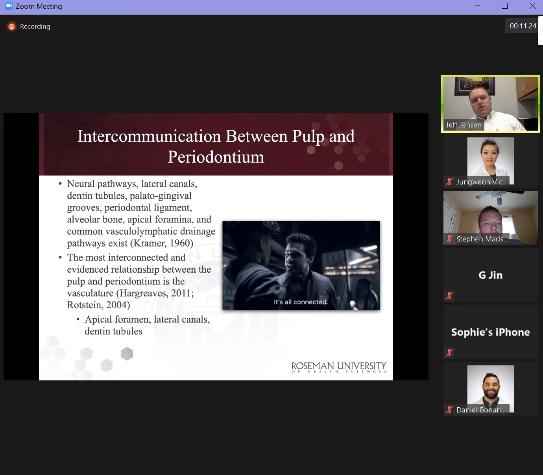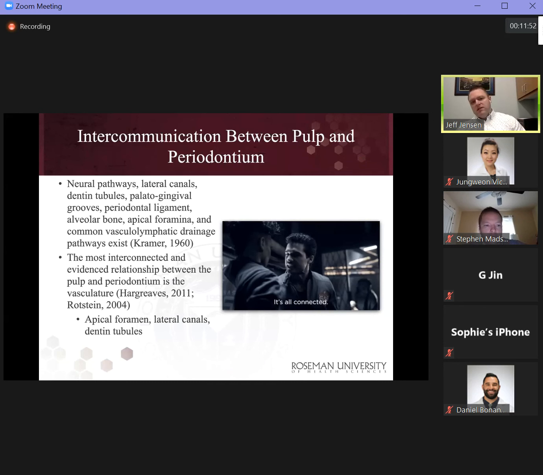The most interconnected evidence and the relationship that we have is vasculature. So apical foramen, which all teeth have. That vascular bundle that passes into the tooth is going through the periodontium into the pulp. You have lateral canals, which act like apical foramen, but smaller and typically on the sides of the tooth, or even dentinal tubules, which we talked about.